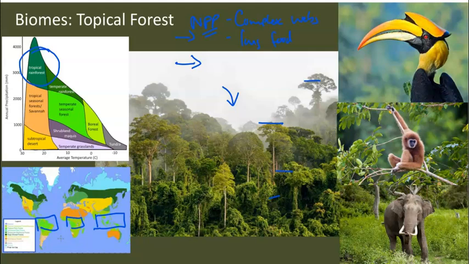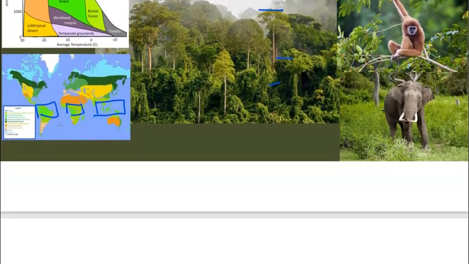So food chains are long and complex because the producers are capable of producing high net primary productivity with high intensity of light, high precipitation, and high temperatures. So those three factors combine to give the high net primary productivity to support that kind of biome.